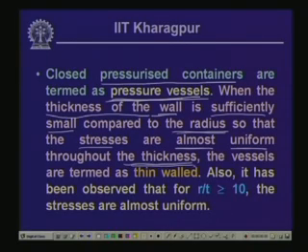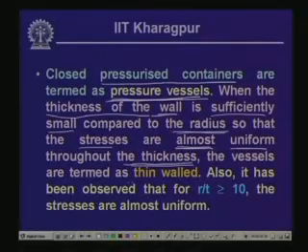This is very important: across the thickness of the pressure vessel there is no significant change in the stresses, and that is the reason we call this type of vessels thin walled vessels.